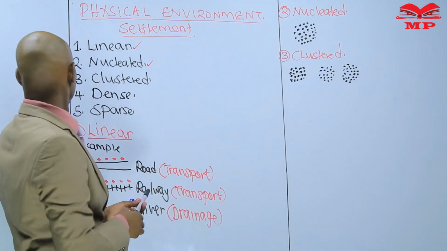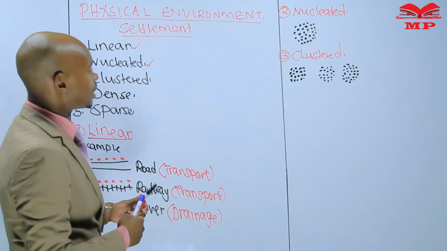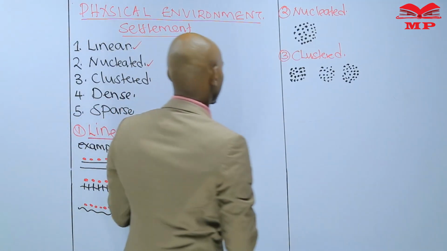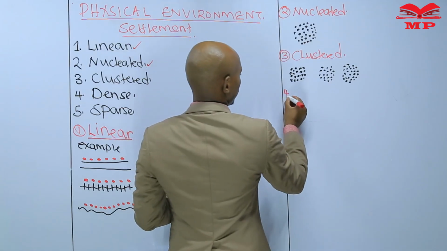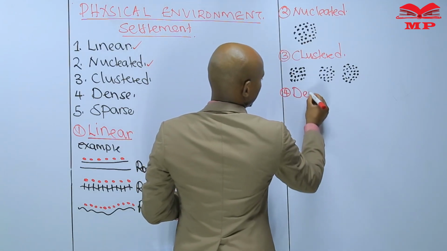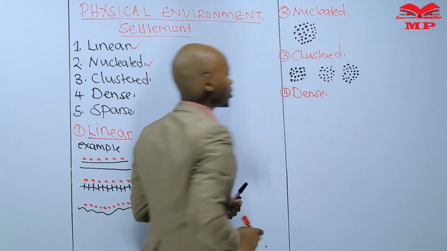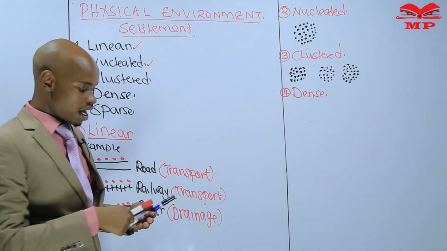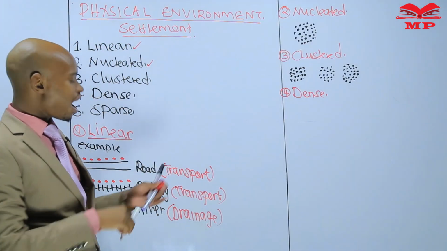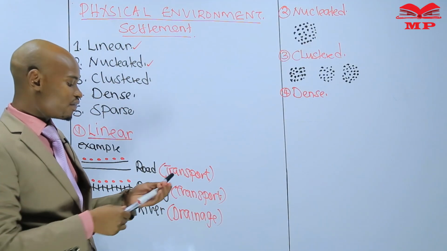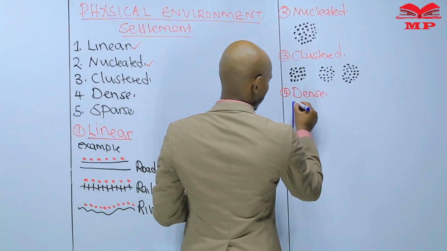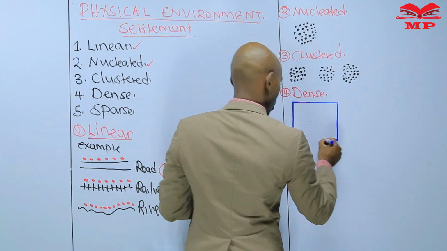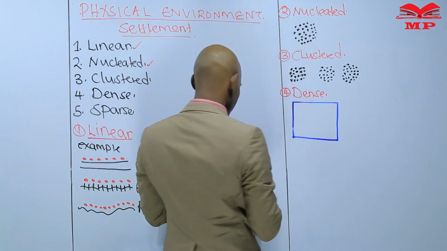Number four, we have dense settlement. How will dense look? That means we have so many people living in an area. Perhaps, let me use a small map there.